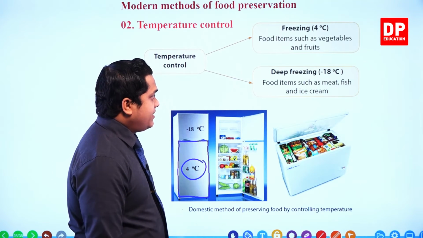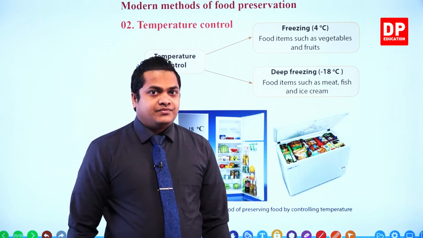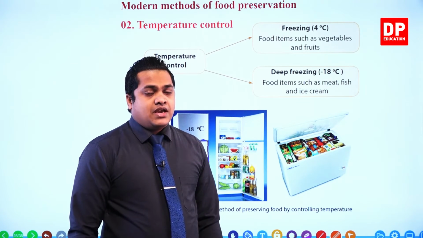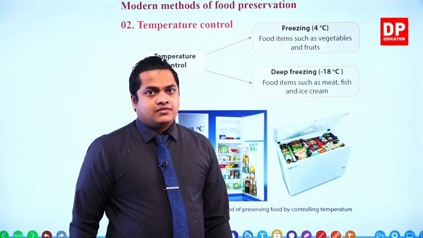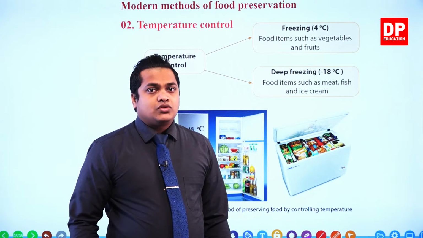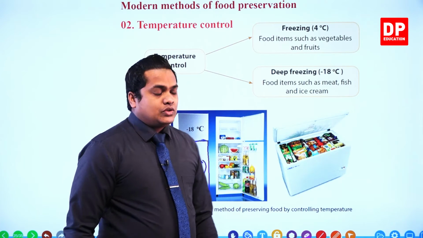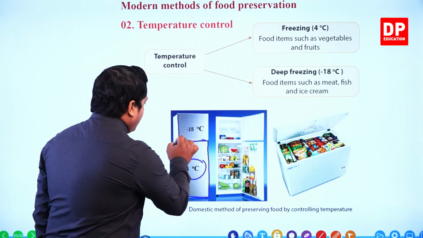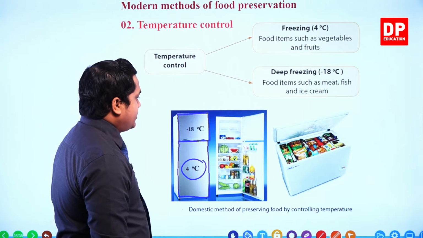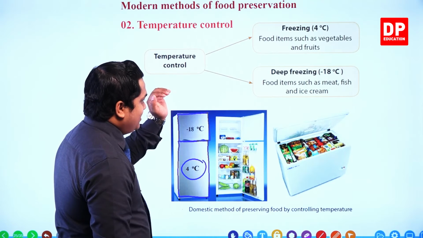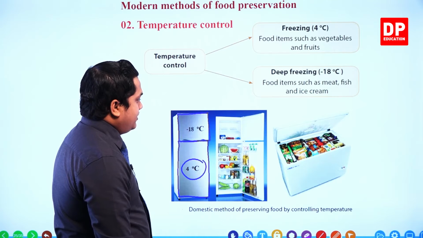We can preserve food items such as meat, fish and ice cream, especially ice cream, and also sausages and processed meat items like ham and bacon, by keeping them in deep freezers. This is the deep freezing unit in your refrigerator, the upper or top portion. Here you store ice cream, meat, fish and all the other meat items.